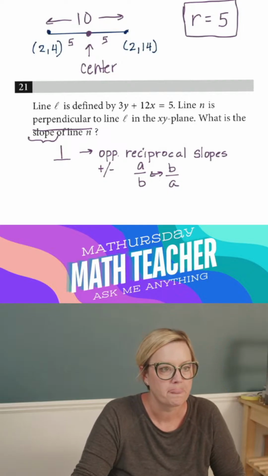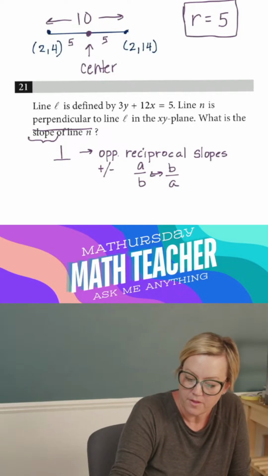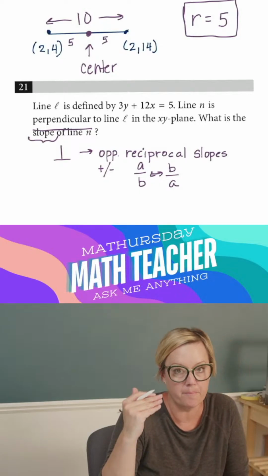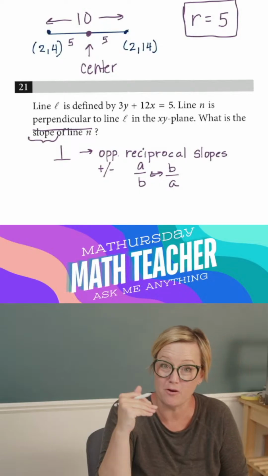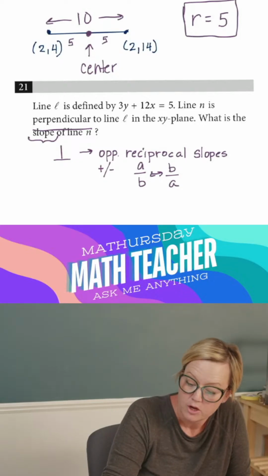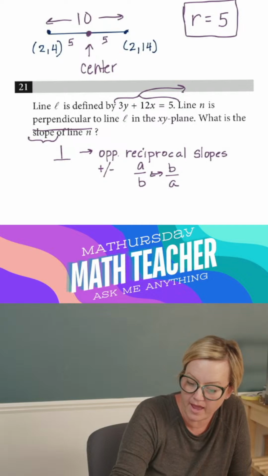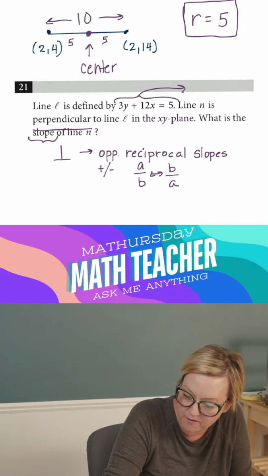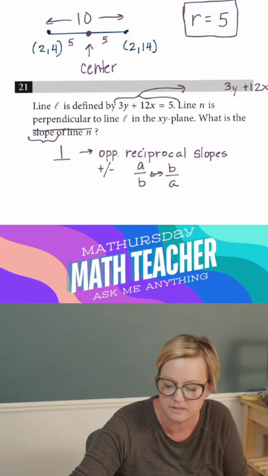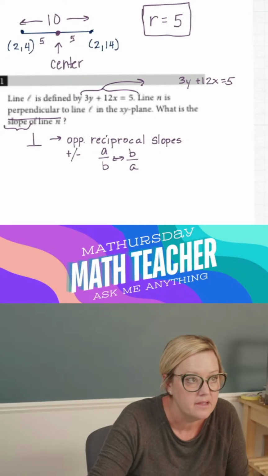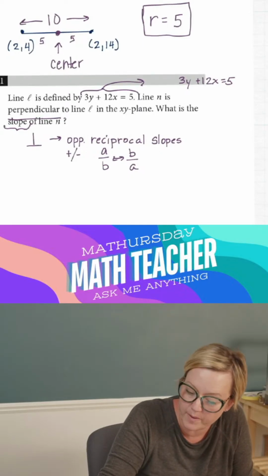Okay. So in order to figure out what my perpendicular slope is, I need to figure out what my original line slope is. So 3y plus 12x equals 5. The easiest way to do that is to get y by itself, to rewrite this into slope-intercept form.